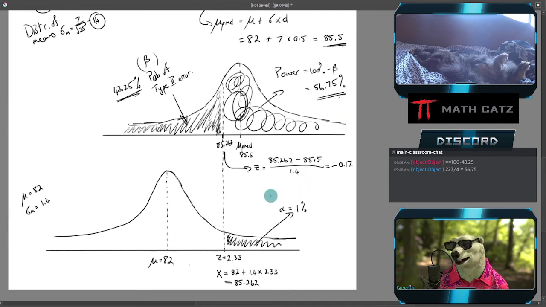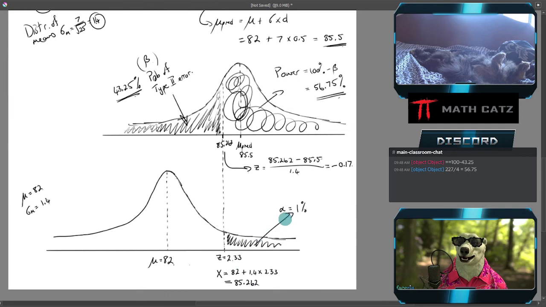All right, so again, let's go through the two errors. Type 1, the easy one, alpha. If the null hypothesis is true, I'm looking at the bottom distribution, then the probability of rejecting the null hypothesis is the probability of getting a score past this cutoff line on this distribution.